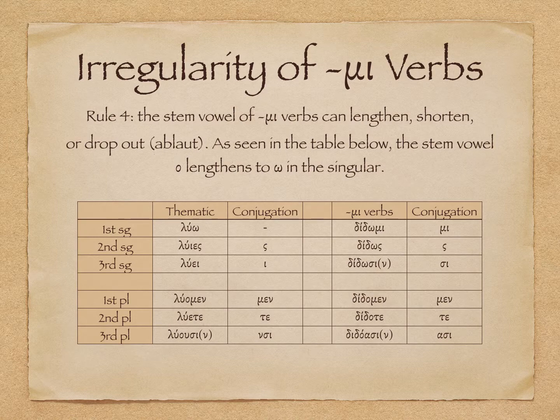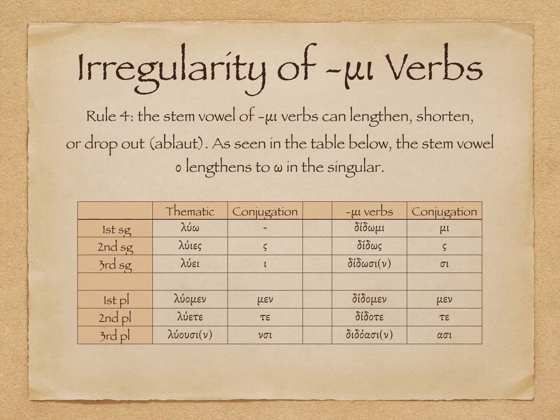Didōmi, didōs, didōsin, and then didomen, didote, didoasin. And the conjugation again here is noted: mi, s, si, men, te, asi. So some irregularities, but not that many really.